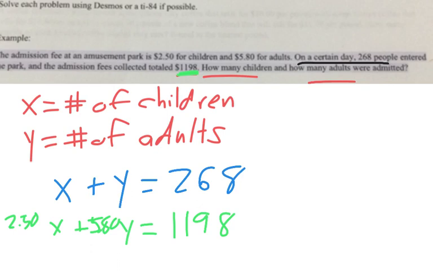Okay, and so once I have this set up like this, you can solve it however you would like. If you want to do substitution, you could. If you want to do elimination, you could. I'm going to guess most of you are going to choose to put it in a matrix and do reduced row echelon form. You can do that too. This time the matrix is going to be a 2 by 3 matrix, right? And you can just enter that in, hit reduced row echelon form, and it will spit it out at you.